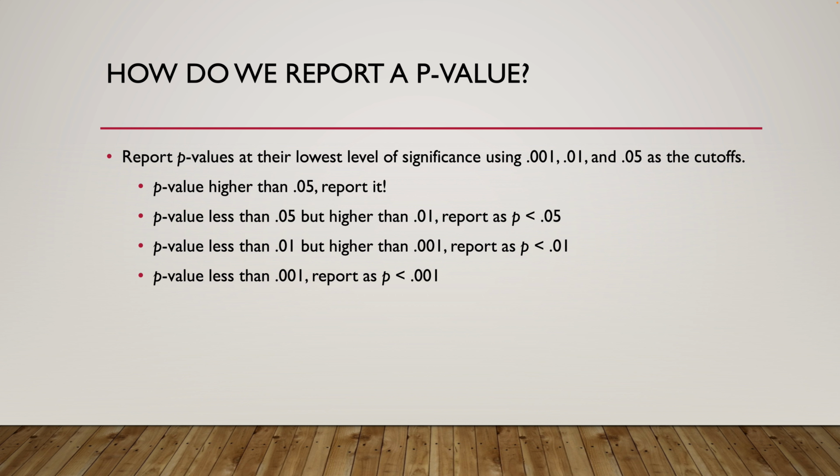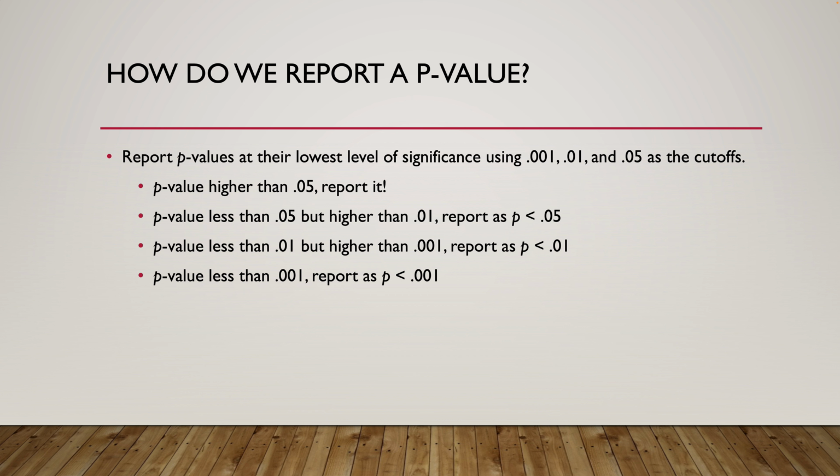Now, reporting p-values, and again, I try to keep things general, but the first bullet: report p-values at their lowest level of significance using 0.001, 0.01, and 0.05. If a p-value is higher than 0.05, then you just report it.